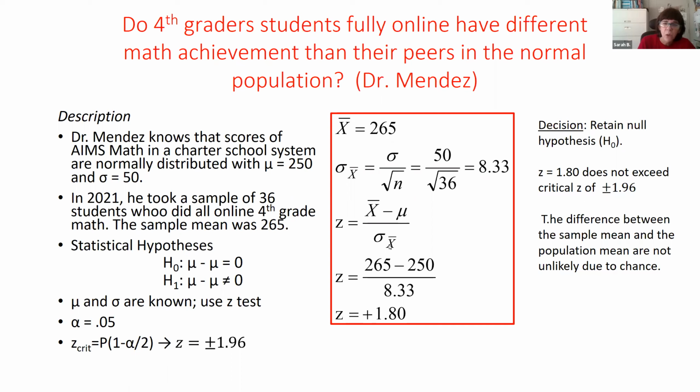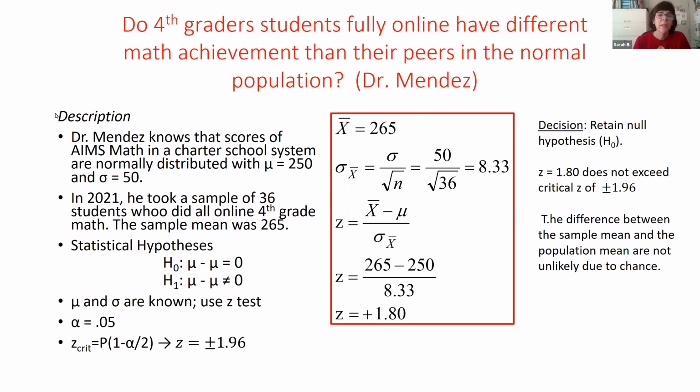Put that into this formula. You get a difference of 15 over 8.33, and he has a z-score of 1.80, which you relate to plus or minus 1.96. It does not exceed the critical value, so you retain the null hypothesis, and you say the difference between the sample mean and the population mean is likely due to chance, or not statistically significant.